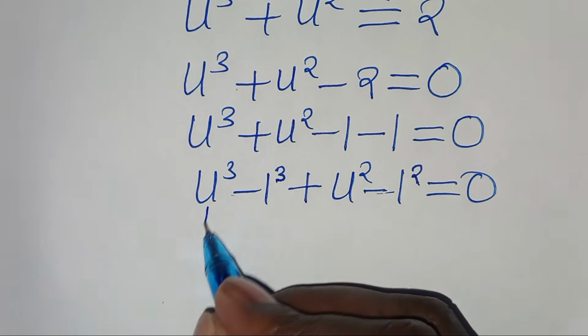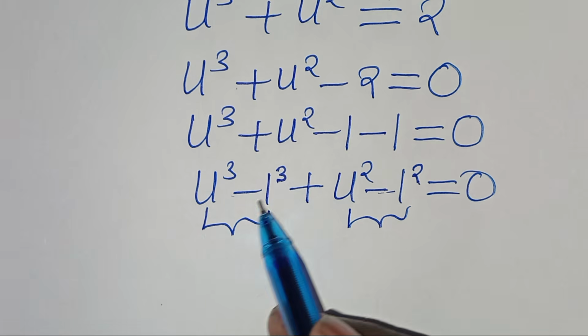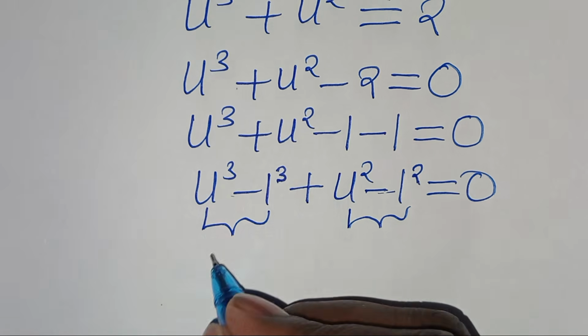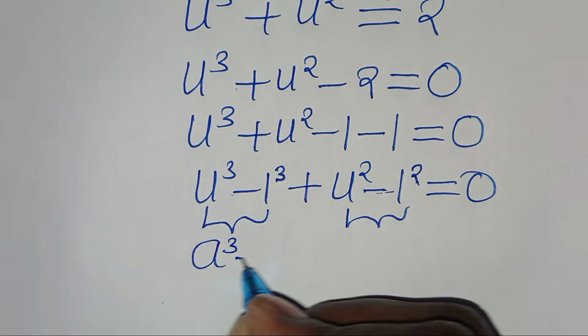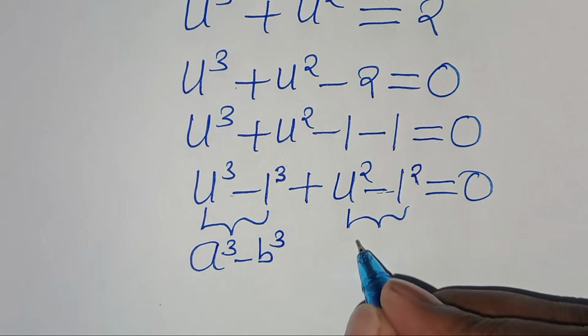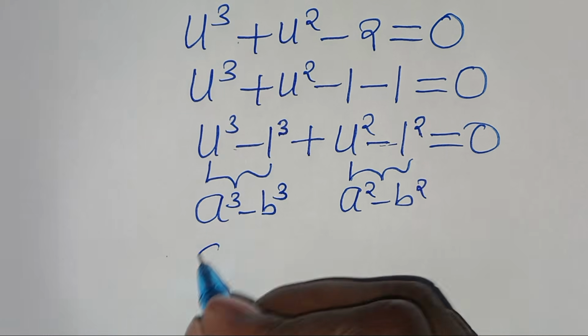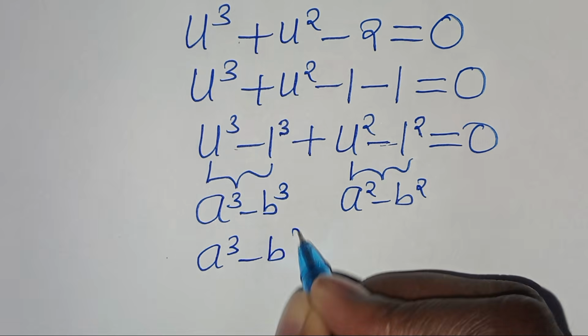So if we check these two parts here, the first part is the difference of 2 cubes expressed as a to the power of 3 minus b to the power of 3.